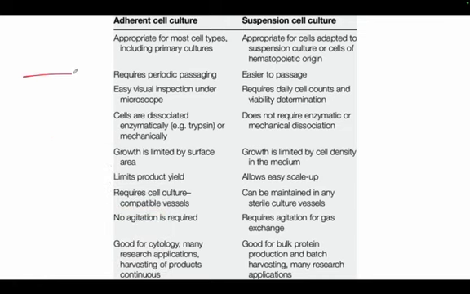So if my flask is like this, I'll start with some small number of cells. But as they keep growing, okay, they will start filling up the surface area. Okay? And once this surface area is covered, okay, they've covered the full surface area, now there is no more place for them to attach, right?